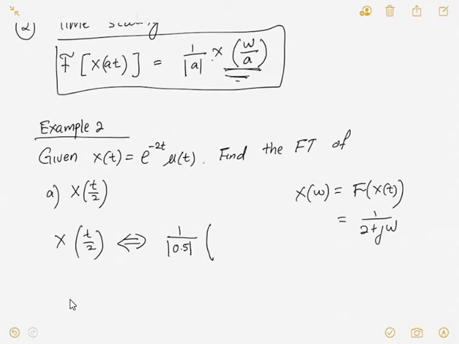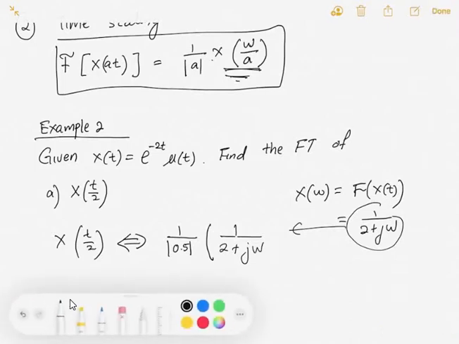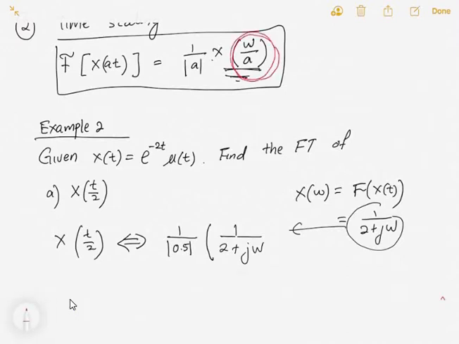Okay, so this X(omega) is referred to 1 over 2 plus j omega, right? Supposedly we copy from this 1 over 2 plus j omega. But now it says that the omega here, okay, I highlight it, the omega here is referred to omega over a. So this one we also need to substitute with omega over a.